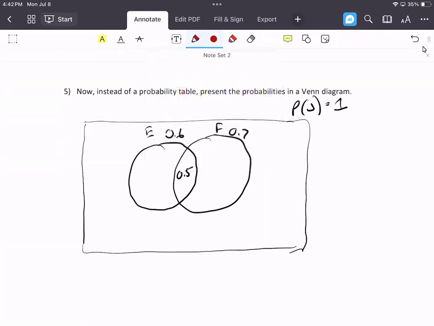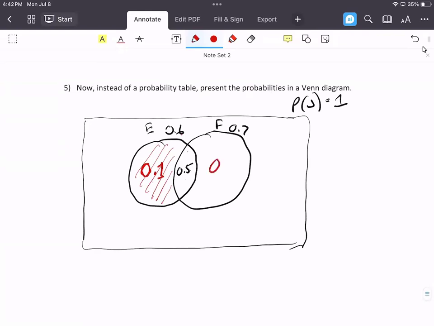I'm going to change the color to red. So I know that this is 0.5 here, and I'll need to know what's out here to add to 0.5 to get to 0.6. Well, that has to be 0.1, because if I add 0.1 and 0.5, it gets 0.6. And the same rationale here gets me to the 0.7.